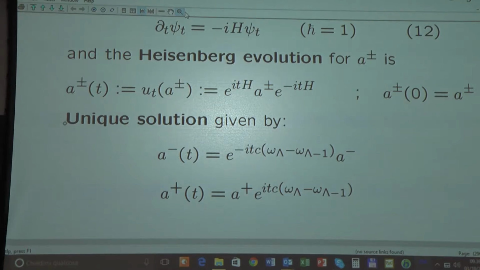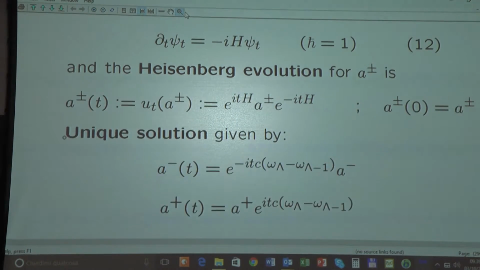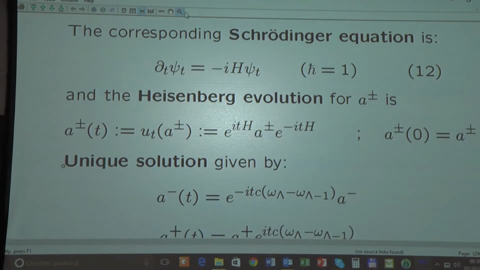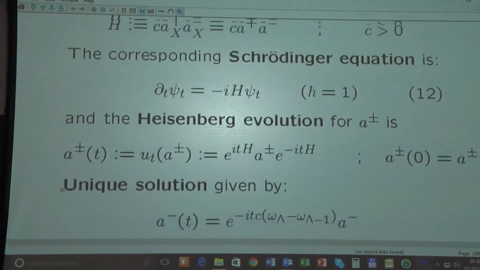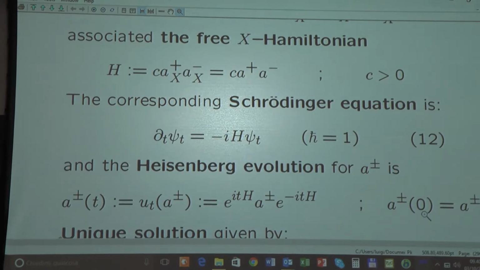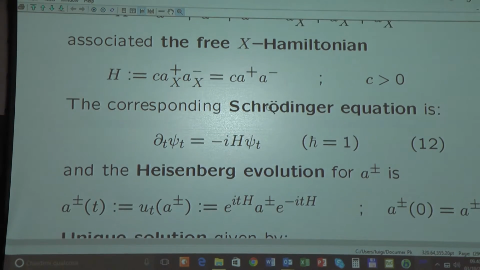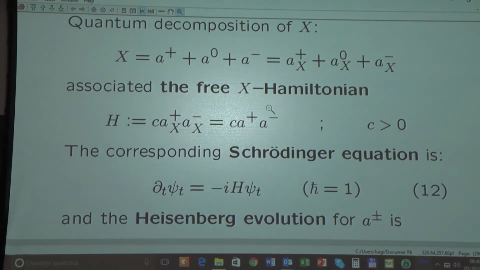Okay, so I will just outline how you can build up a quantum mechanics associated to arbitrary probability measures. So you can define the Schrödinger equation as usual, and we begin to work at the Lie algebra level. And we introduce the free Hamiltonian associated to a random variable x. Remember, x is a classical random variable.